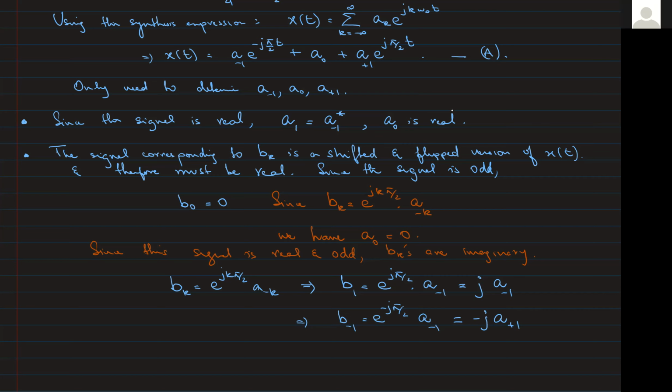So if B1 is purely imaginary, and I know that B1 equals j times A of minus 1, what can I say about A minus 1?